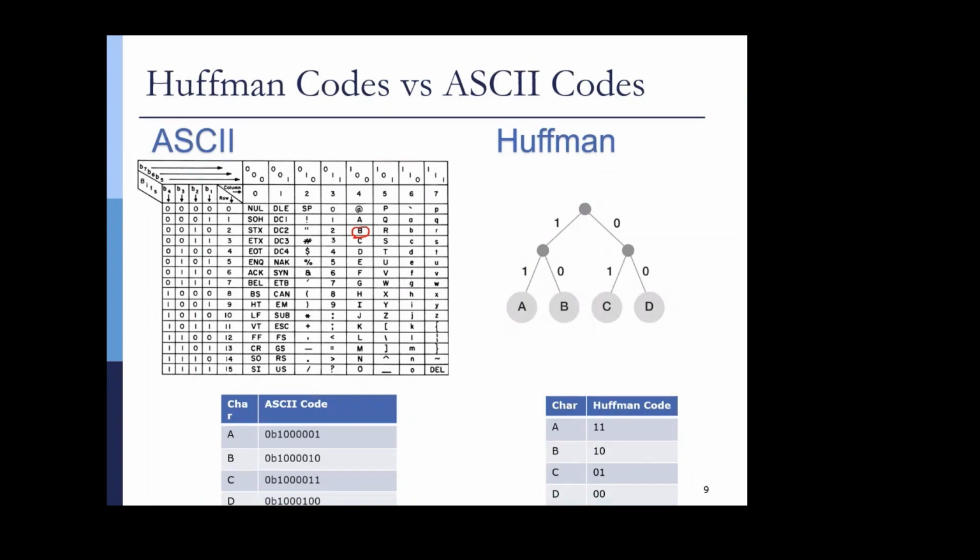A, 0B 1 0 2 3 4 5. And then D will be 8, 0B 1. Okay, so I'm going to copy that here.